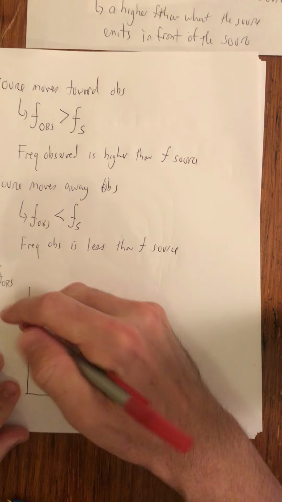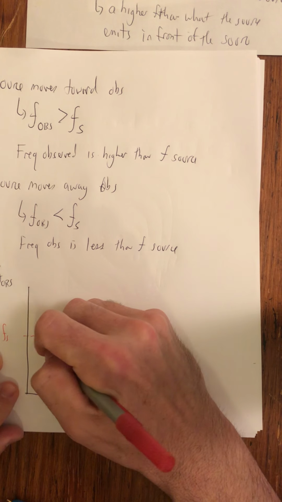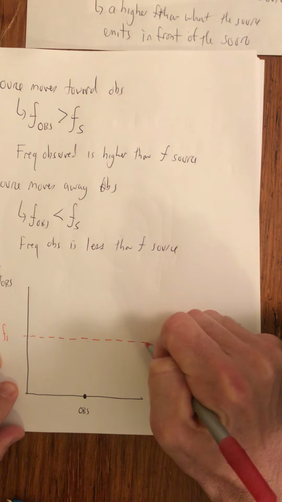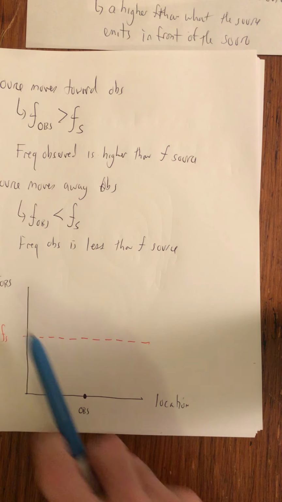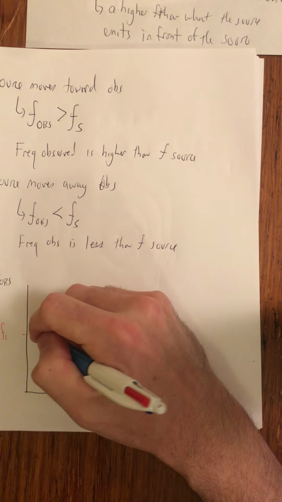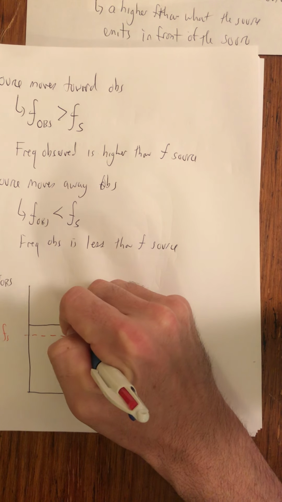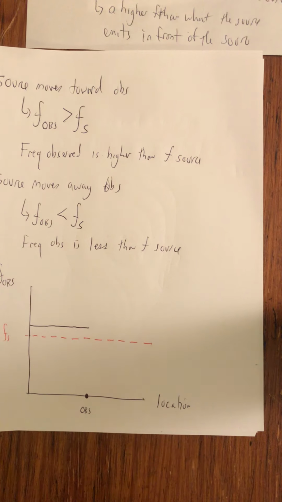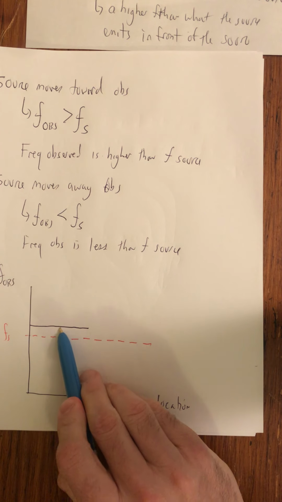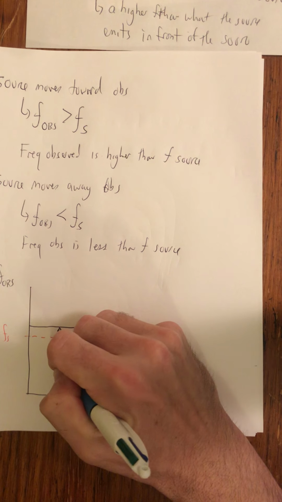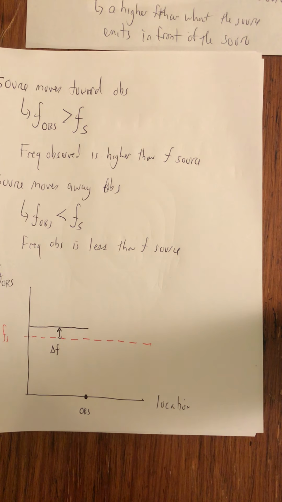If this was the frequency of the source, as the source moves toward the observer, the observer hears a higher frequency than what the source is emitting. It is a constant shift higher as well, right? That delta F there is a constant.